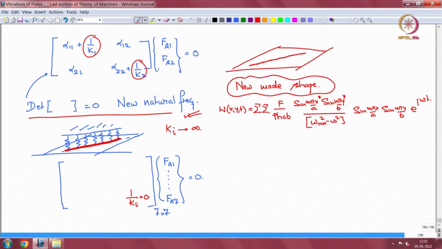Now you have, let us say, 3 springs or 2 springs, whatever. We started with 2 springs.